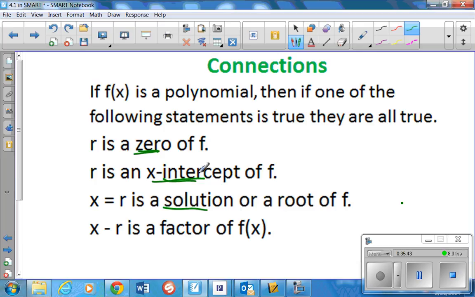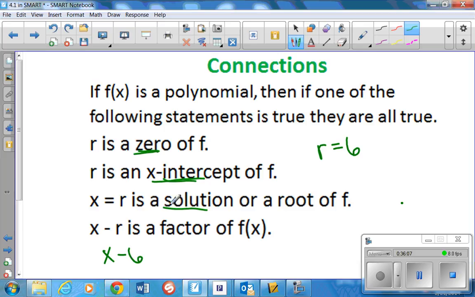Let's say R is 6. If I say 6 is a zero, then I know that 6 is also an x-intercept, and that 6 is a solution. And here's the last thing you need to pick up: that also means x minus 6 is a factor. This is a root, and its factor is x minus 6.